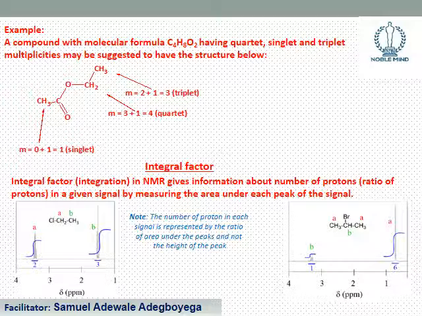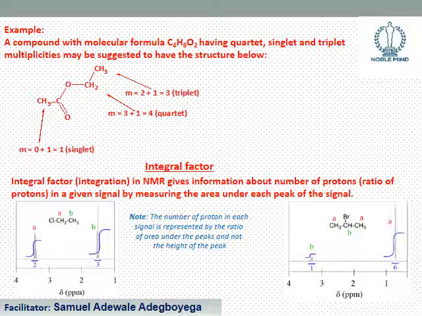Now this integral, or the area under the peak, is what tells us the actual number of protons that are present. You will measure the length or the size of that integral sign from where it starts to where it ends, and compare it with the integral sign of other signals.